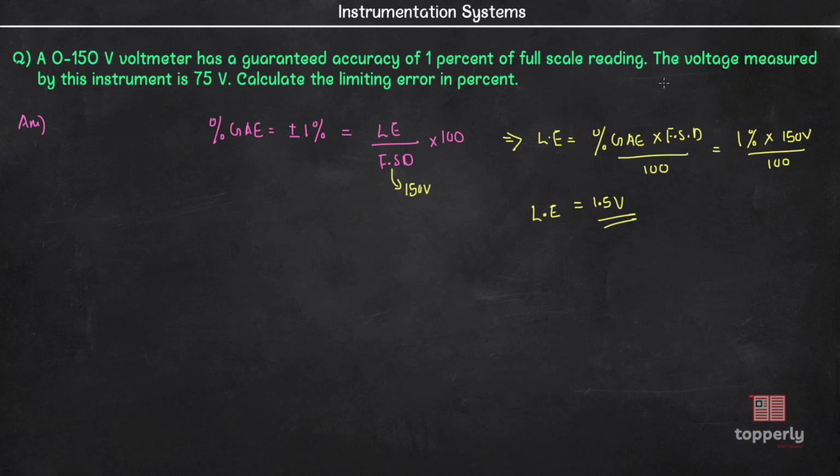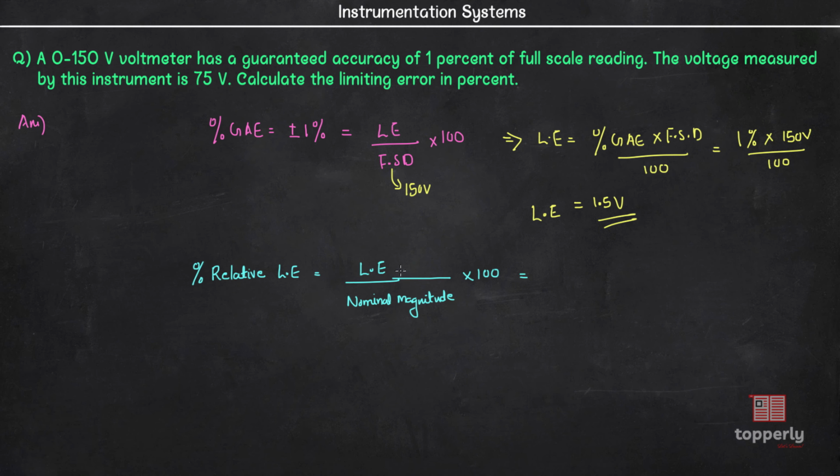Okay, now the voltage measured by this instrument is 75 volt. Calculate the limiting error in percentage. That is, we are asked to find relative limiting error. Just now we learned that relative limiting error is equal to limiting error by nominal magnitude of quantity. And here we are asked to find percentage, therefore into 100.